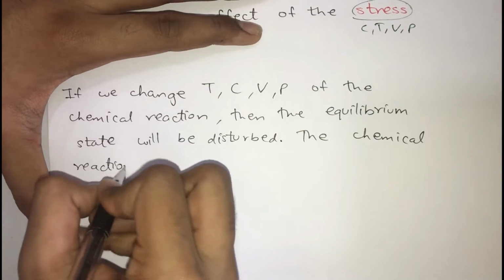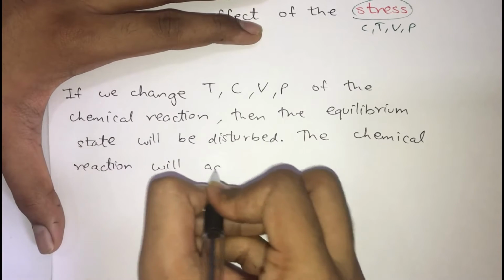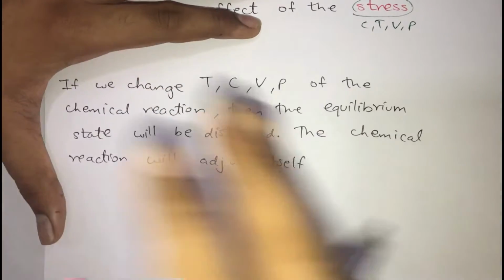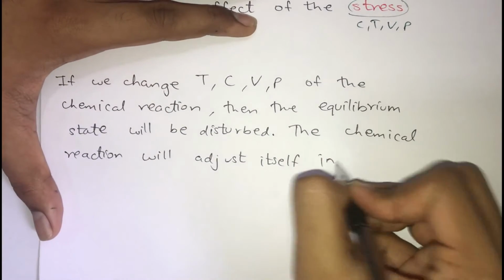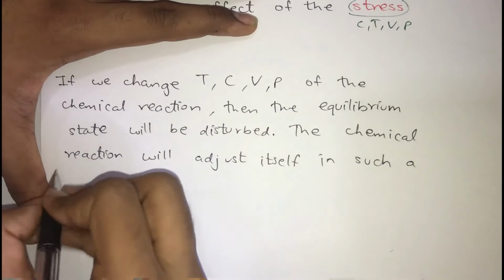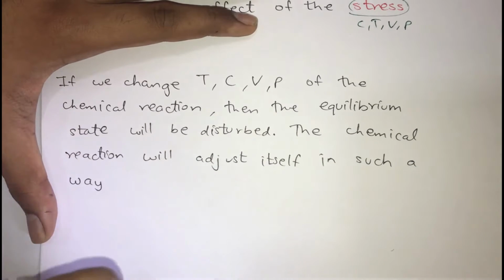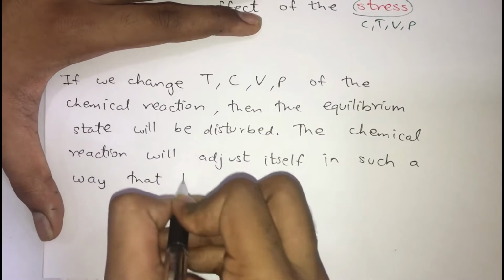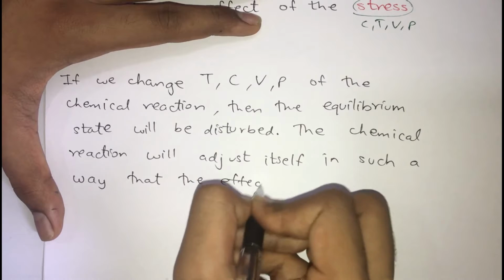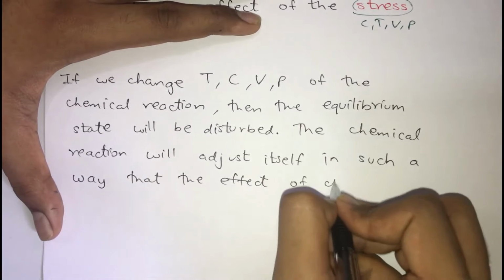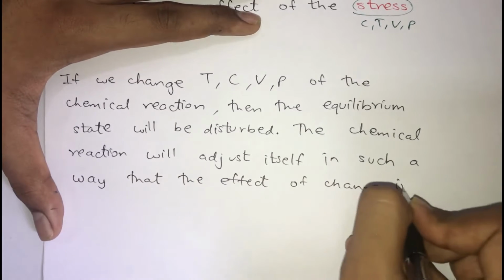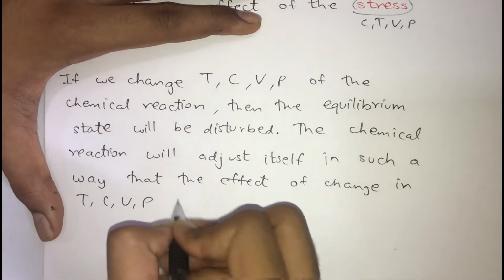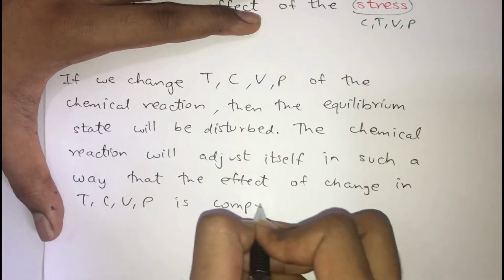The chemical reaction will adjust itself in such a way that the effect of change in temperature, concentration, volume, and pressure is compensated.